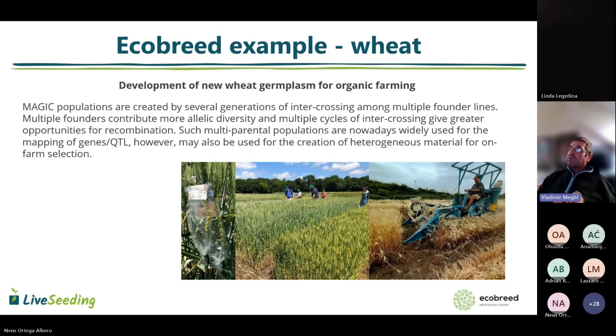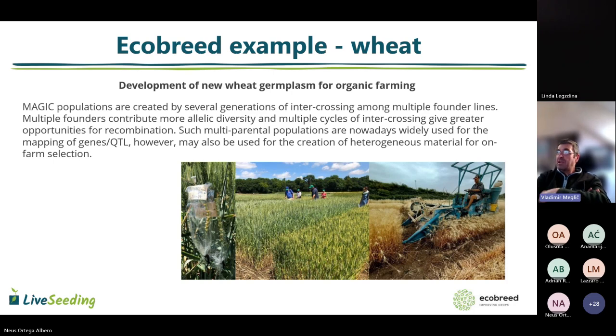Next slide, please. So here's an example of what we have further done as an EcoBreed example. Magic populations are created by several generations of intercrossing among multiple founder lines, and those multiple founders contribute more allelic diversity, and multiple cycles of intercrossing give greater opportunities for recombination.